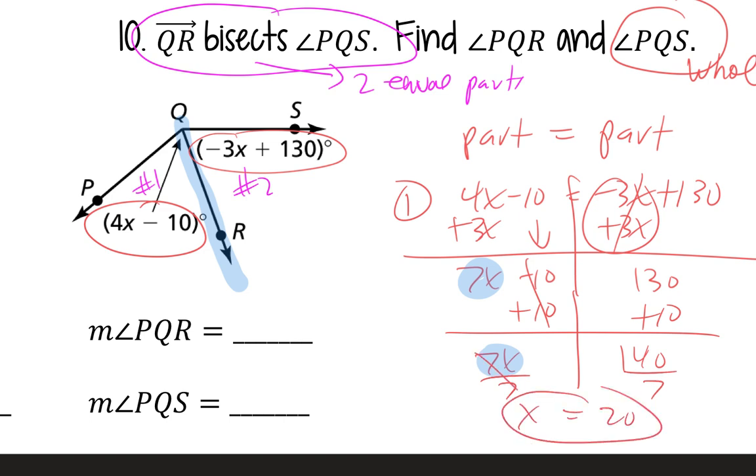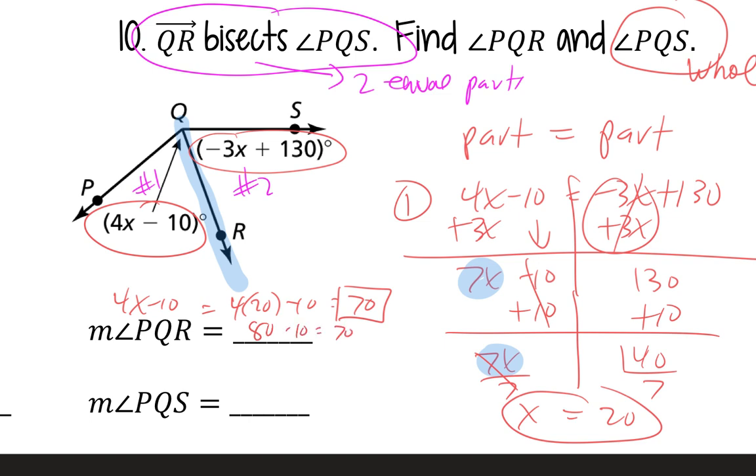Right, but let's use that for our information. We said PQR is 4x minus 10. So that means that's equal to 4 times the quantity of 20, minus 10. So that's going to give us 70. And the way we find that out is 4 times 20 is 80. Minus 10 gives us 70.